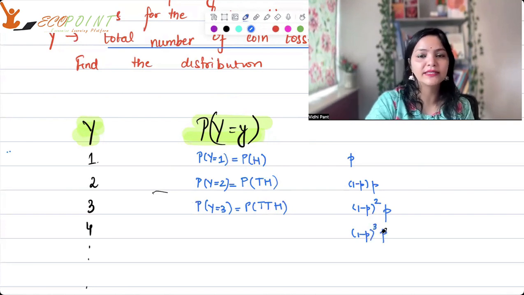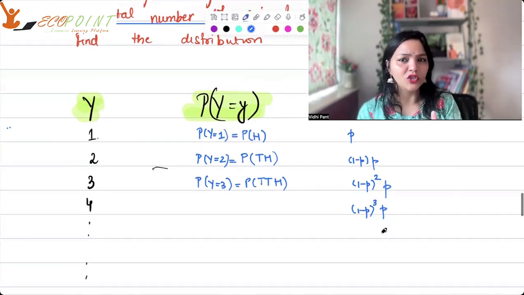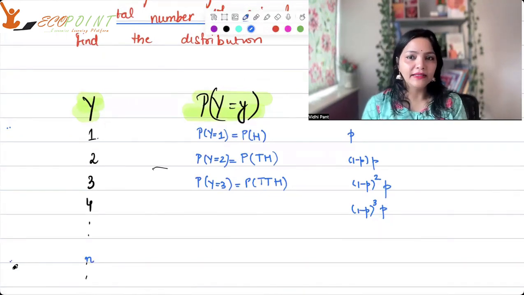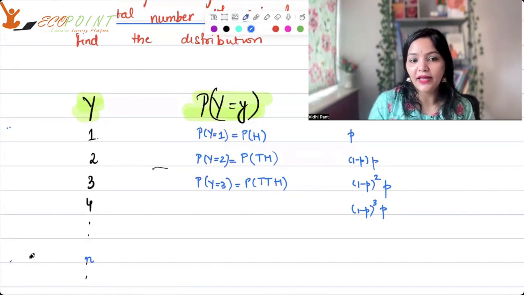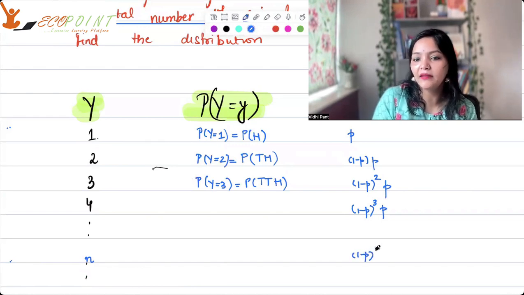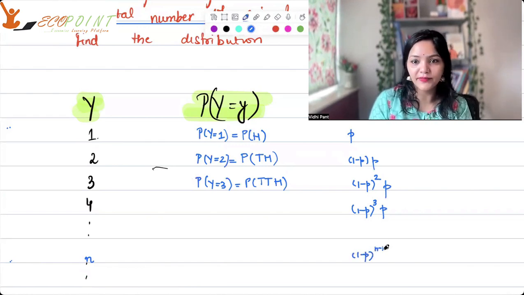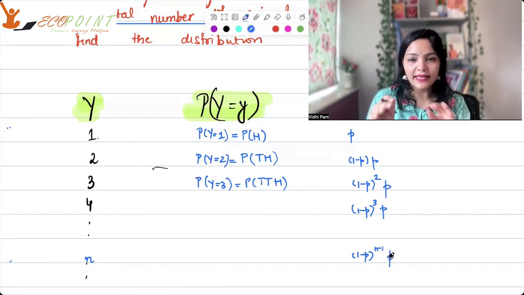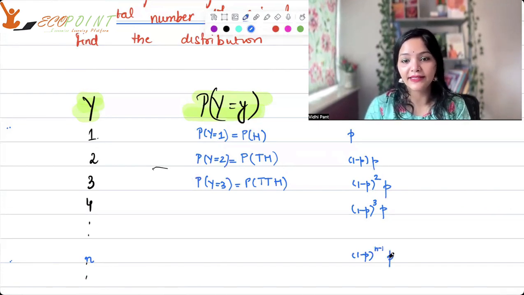So do you understand now how we can generalize this? If I take the case where Y is taking the value n, that means this will be a case where I am getting tails n minus 1 times, and on the nth toss, I'm getting heads, right? So the probability attached to it will be (1 minus p) to the power n minus 1 into p.